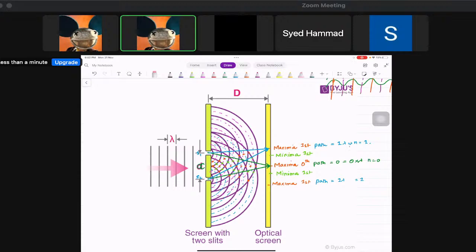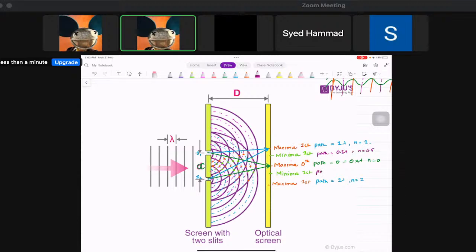Okay, now for the minima, when we calculate the path difference, it is going to be 0.5 lambda, because it's in the middle of 0 and 1, and n is 0.5.